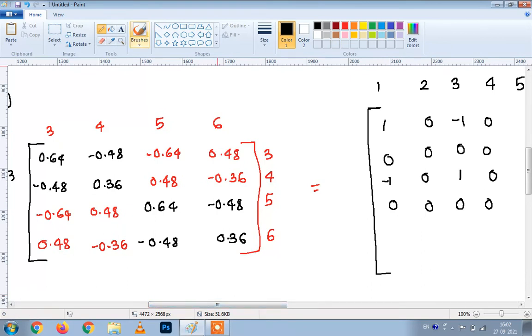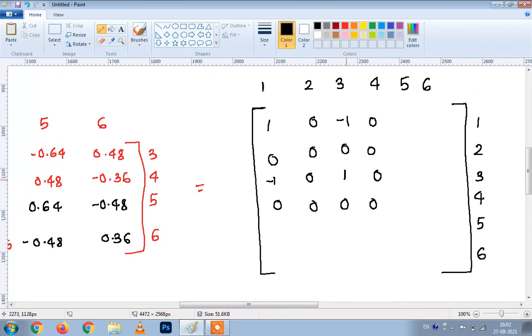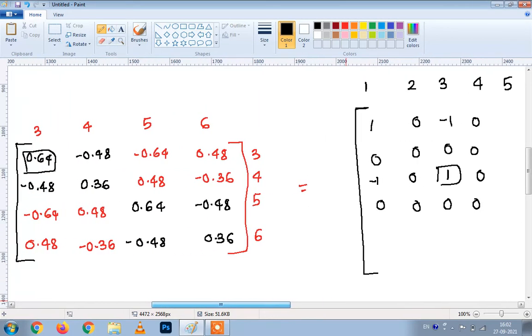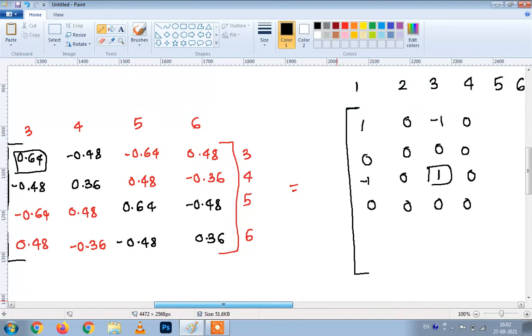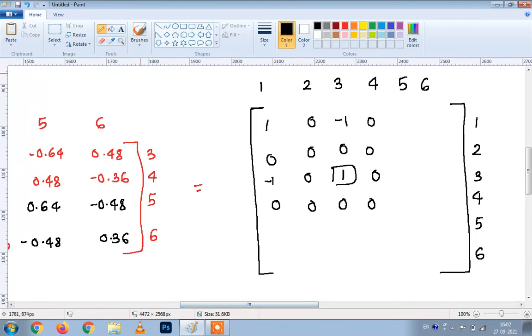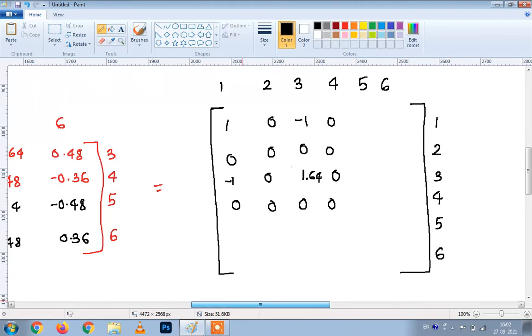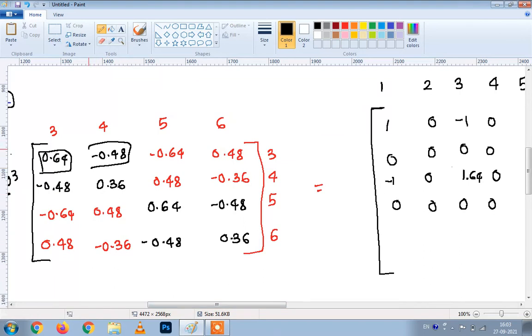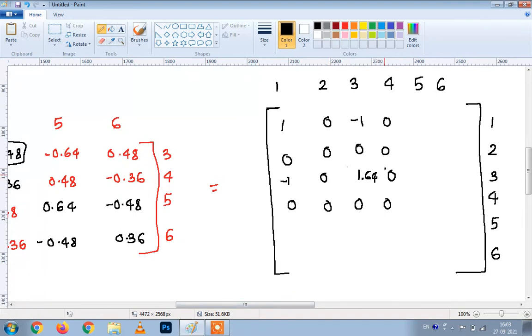Now see here, the location of this particular element is third row, third column. So check here, third row, third column. This is the point where we have to add. So 1 plus 0.64 will become 1.64. I will write it here, 1.64. Now the location of this second element is third row, fourth column. So it will go here.